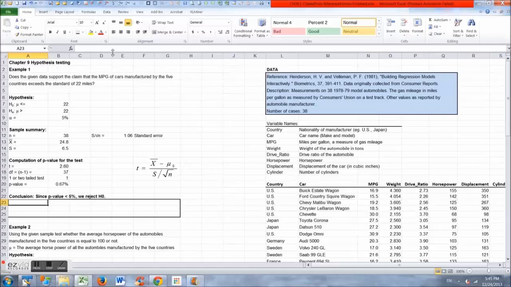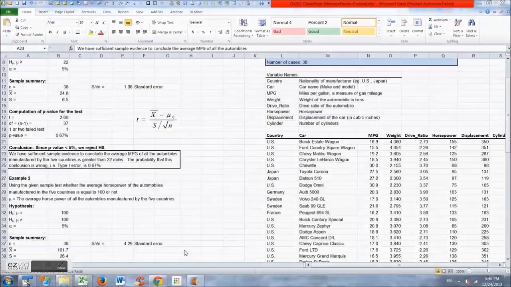The interpretation has two parts. One part is about the conclusion. The other part is about the p-value itself. Okay, I have prepared the interpretation, so we'll look at what that means.